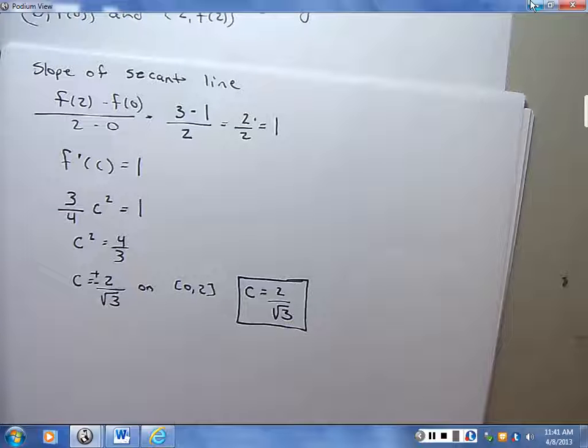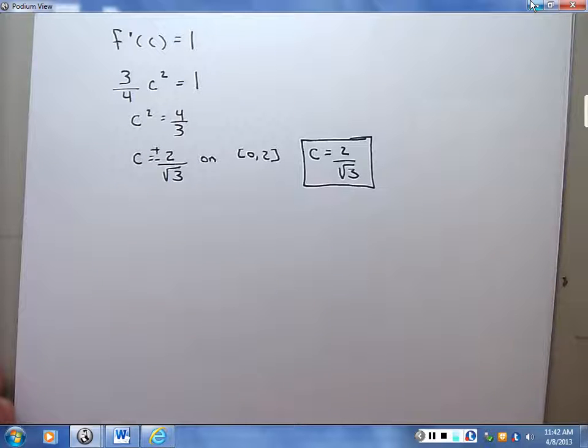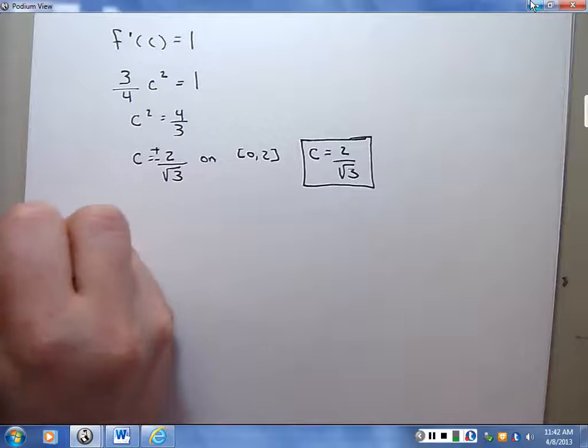Some things that we've talked about before, right? If the derivative is positive, my function's increasing. So if my slope is always positive, then the slope of the secant line has to be positive. If my function's always decreasing, then the slope of the secant line has to be negative, which ties into the derivatives, right? So the last thing we're going to have time to probably talk about is the constant difference theorem.